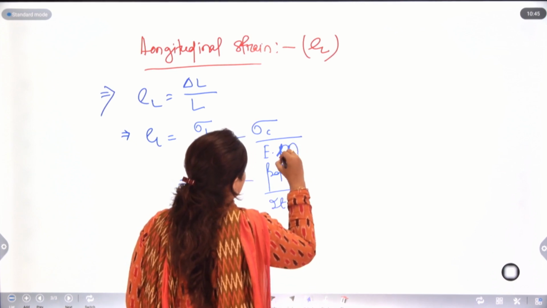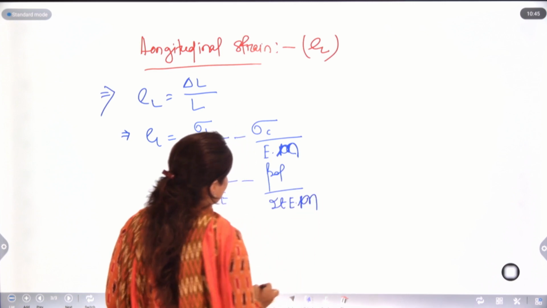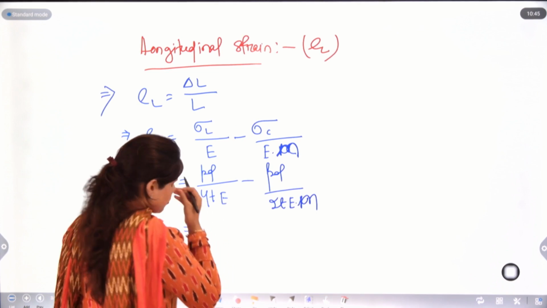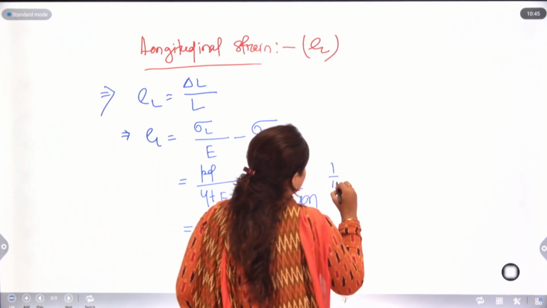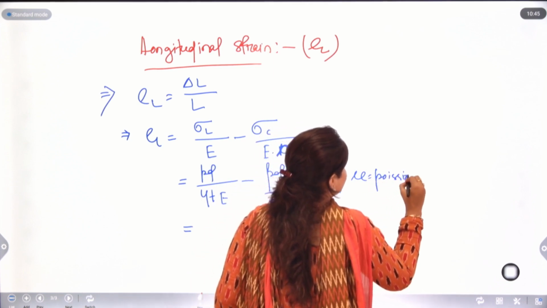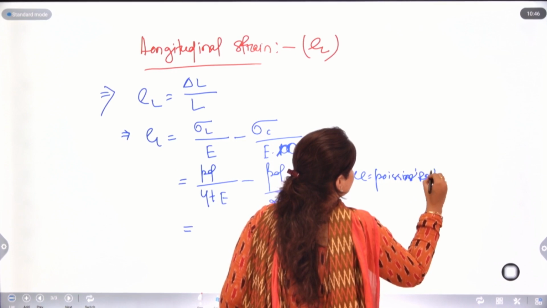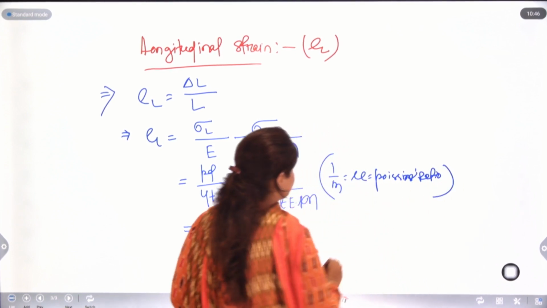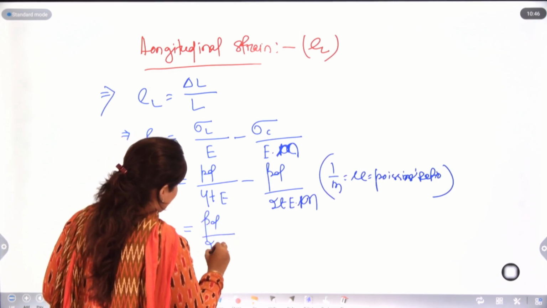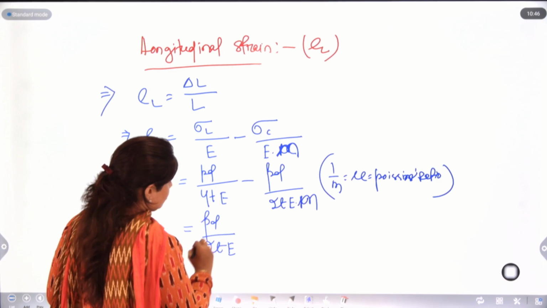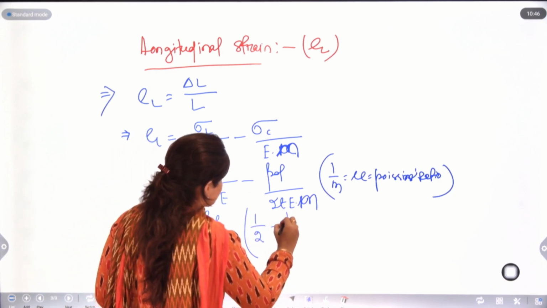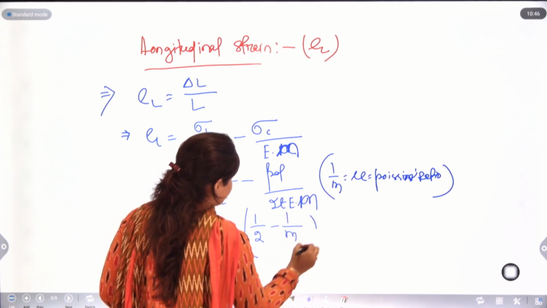Sorry, it will be our 1 by m, as 1 by m is our mu, the Poisson's ratio. So, here also we can take common PD upon 2tE. What will be left is 1 by 2 minus 1 by m.